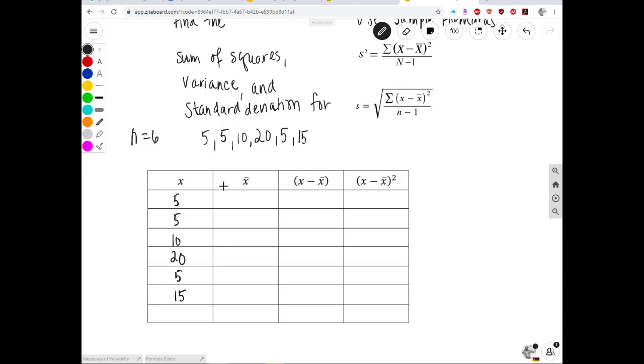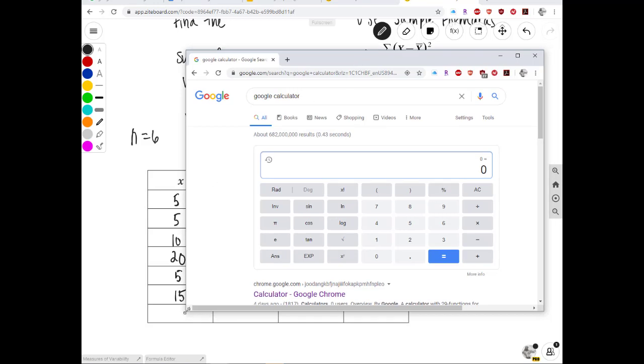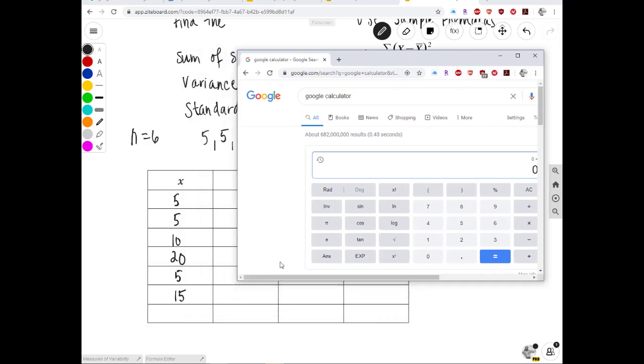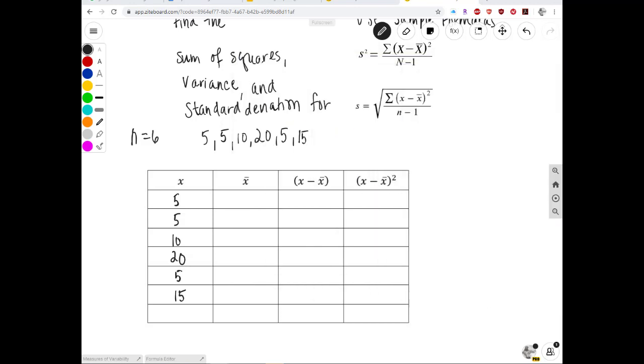Awesome. Now I need the mean. I need the average. So I'm going to need to add up all these numbers together. And I'm just going to make my Google calculator a little bit smaller so that it fits. And I want 5 plus 5 plus 10 plus 20 plus 5 plus 15 equals, and I want to divide that by my sample size, which is 6, and I get my mean is 10.